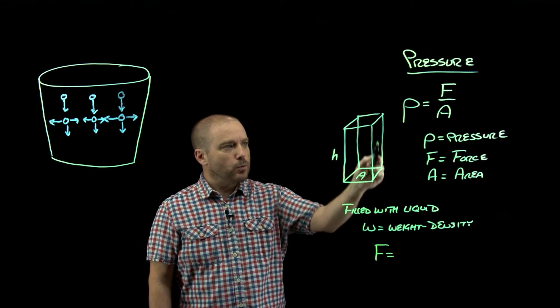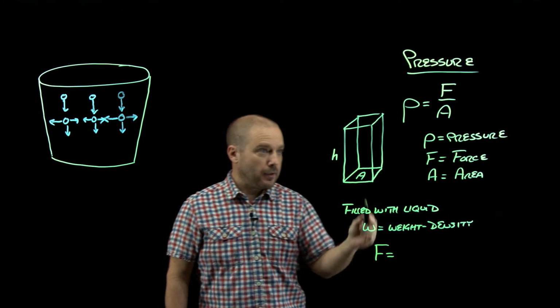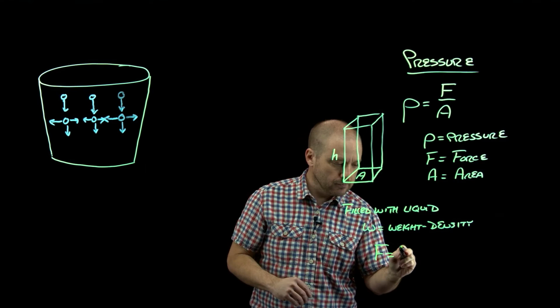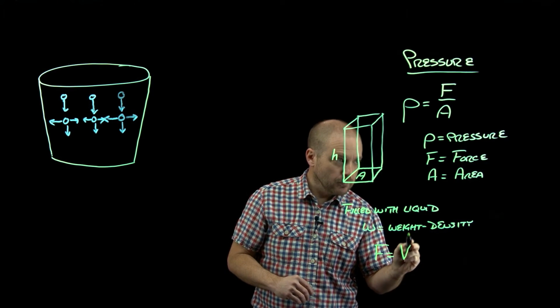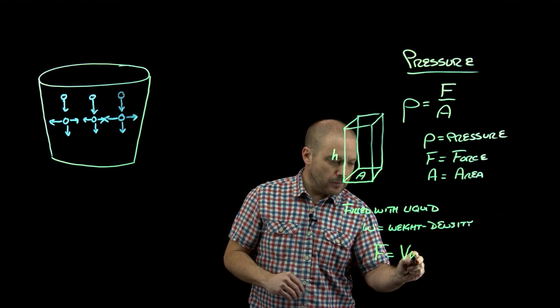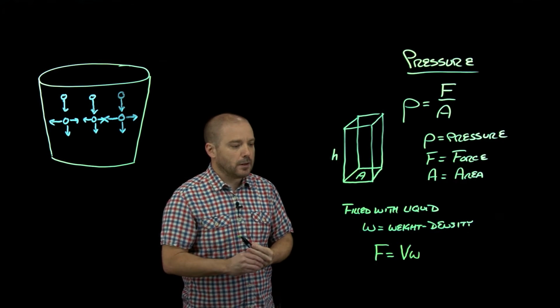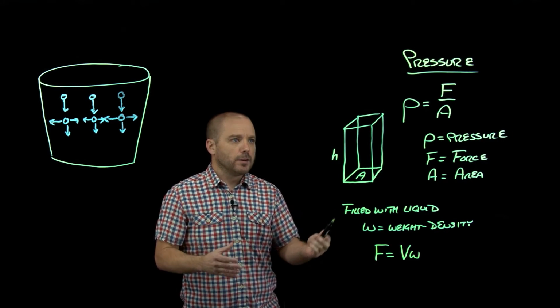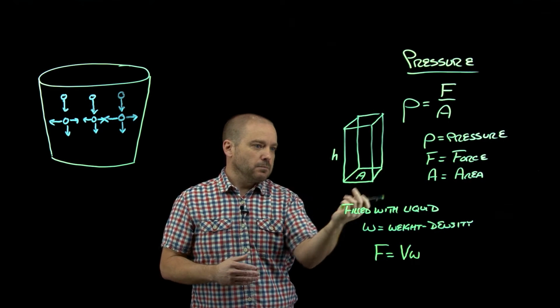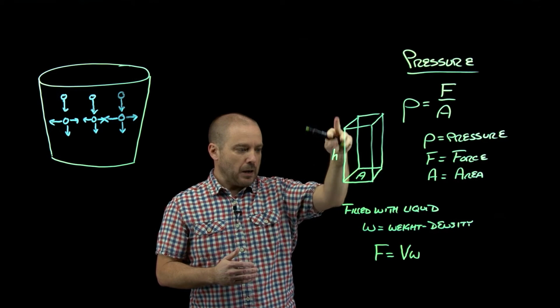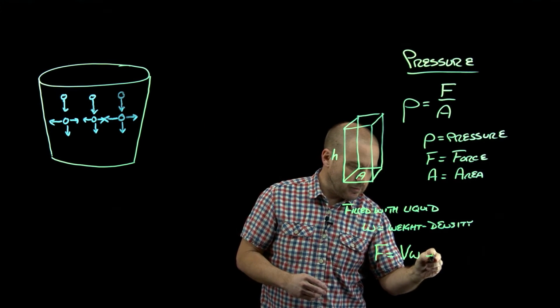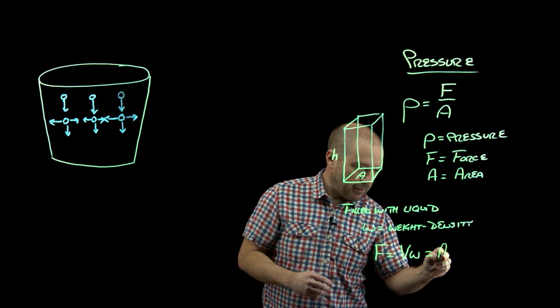well, how much does this water up above weigh? It has some volume, and it has some weight density. So volume times weight density would be the weight. Well, what is the volume of this container? It's got base A and height h, so we could write this as AHW.